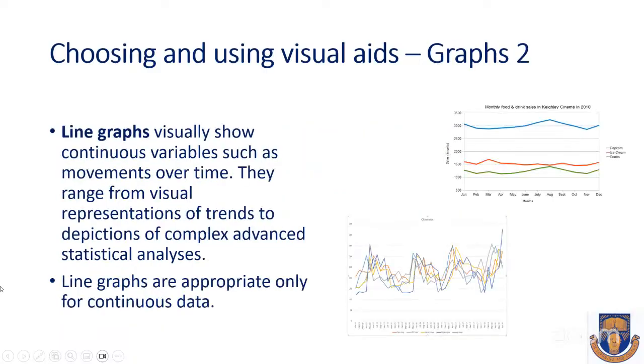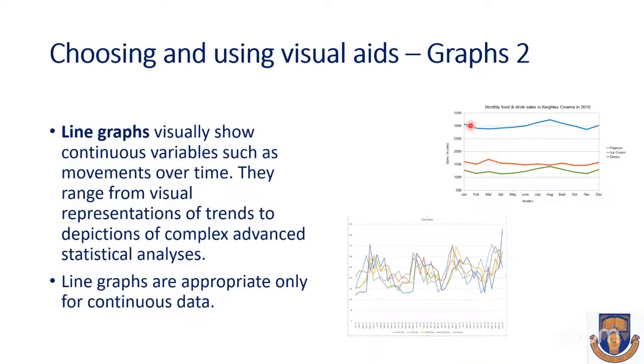So let's look at a few other figures and see some other best practices. Line graphs, I've said it, are good with trends, and they show movements over time. And when we talk about movements over time, that's talking about trends. So we want to see over time, is something increasing? Is it remaining constant?